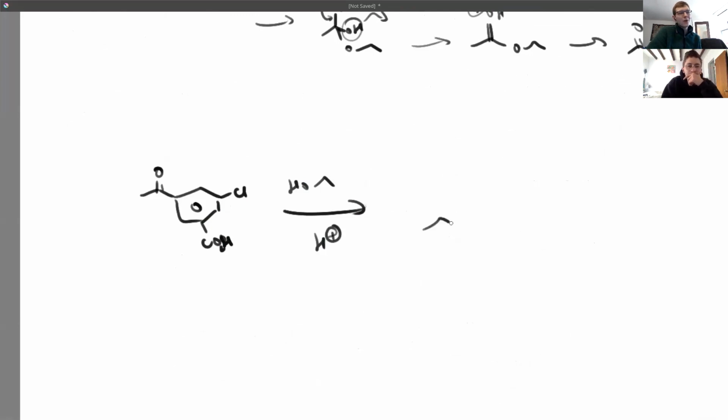And everybody put, oh, you're just going to make an acetal, and nothing's going to happen on the ring because you can't react with that chlorine. But that's not correct because this is a carboxylic acid, so you'd also do a Fischer esterification. They wrote it as CO2H so that nobody would notice or think about it, but it was there. Since you do have that carboxylic acid, you're able to do the Fischer esterification.